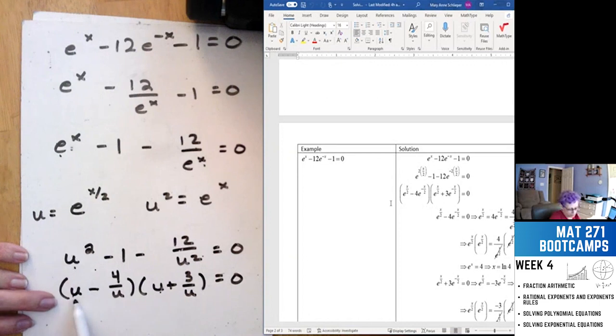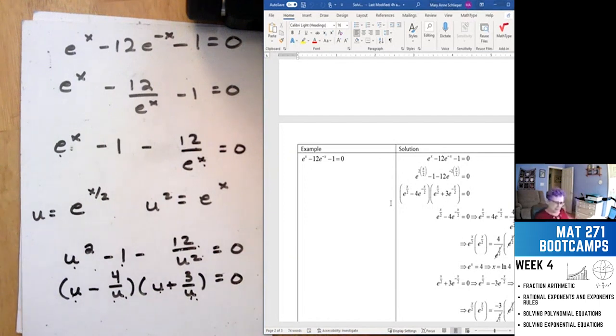When I do outers, my u's cancel and I get just the 3. When I do inners, my u's cancel. I get just minus 4 and I get that minus 1 that I need in the middle. And when I do last, I get 12 over u squared, exactly like I need.